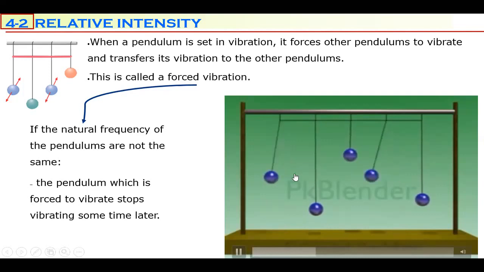But these two will continuously vibrate. They will transfer energy from one to another. So the forced vibration between two pendulums whose lengths are equal, that is, whose frequencies are equal, is called resonance. What happens between these two pendulums is resonance. But what happens between this pendulum and that one, and this pendulum and that one, is called forced vibration.